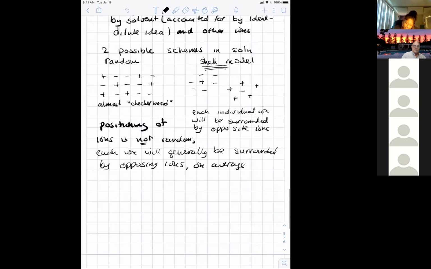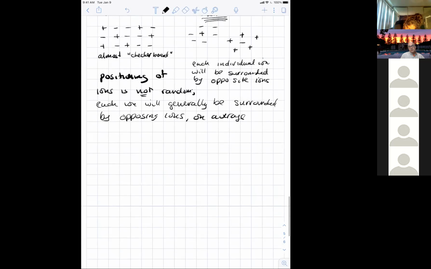So what this does is it screens those charges, and the ions screen the charges much more strongly than a polar solvent like water will do.